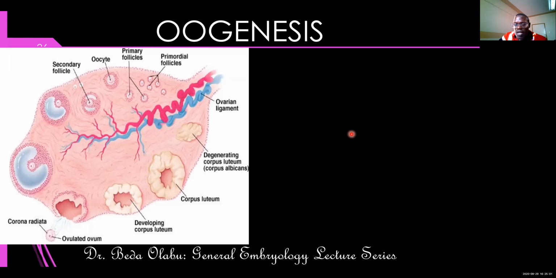We come back at 4:35. Then we talk about oogenesis. I think we'll only talk about spermatogenesis and oogenesis. We'll not be able to talk about fertilization today. We'll talk about it another time. All right, so take your break. 10 minutes. We come back at 4:35.